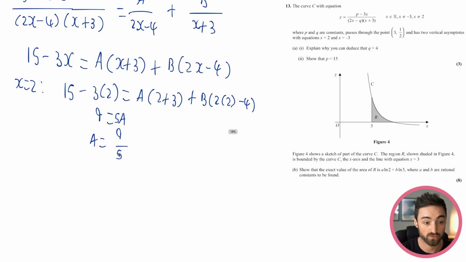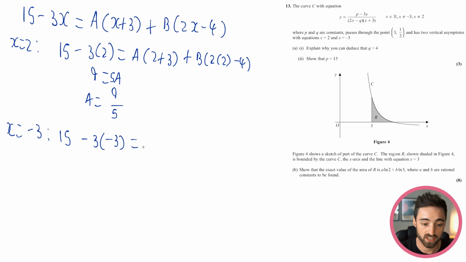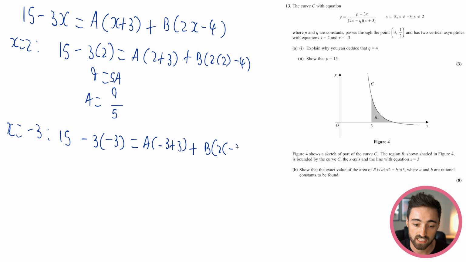Right, similar thing for the other. We are just going to sub in a value of x that gets rid of this thing here, get the value of B. So that's going to be x equals minus 3. Okay, 15 minus 3 times minus 3 is going to equal A, minus 3 plus 3. We know that's a goner. Plus B times 2 times minus 3 minus 4.